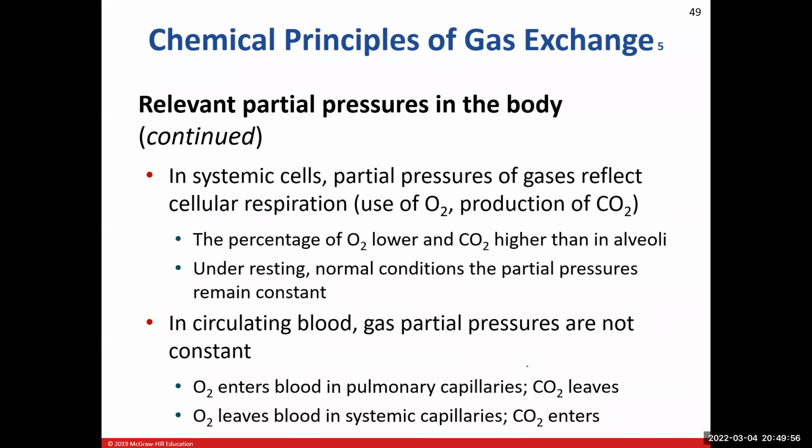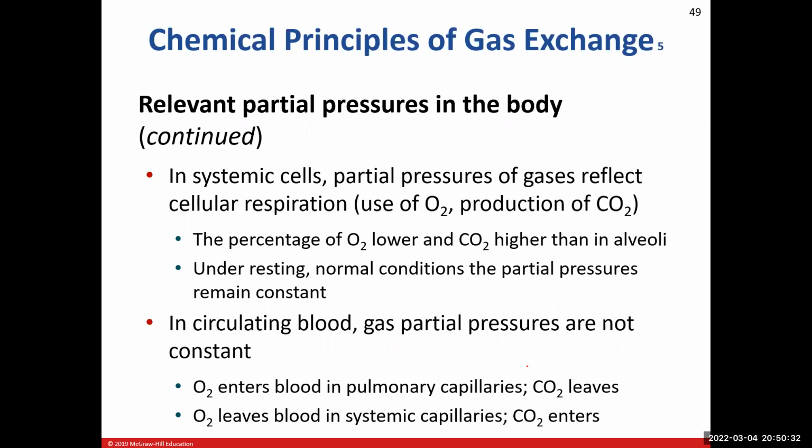All right. So let's talk about how this is going to relate to our systemic cells. When we're dealing with the systemic cells, keep in mind your cells are going to be undergoing their normal metabolic functions. So what happens during our metabolic functions? We need energy. What's the best way to generate energy? Aerobic cellular respiration. If you have oxygen, you can generate quite a bit of ATP off of one molecule of glucose.